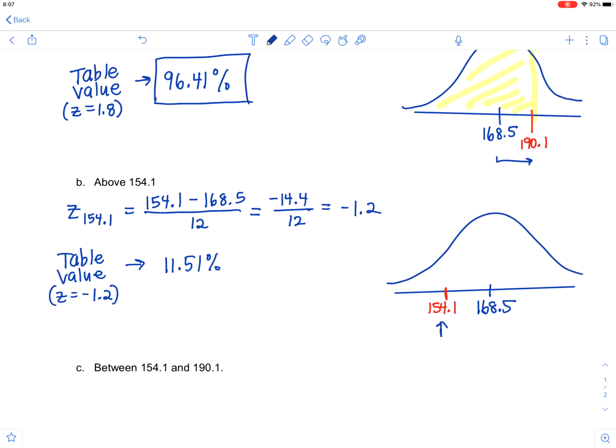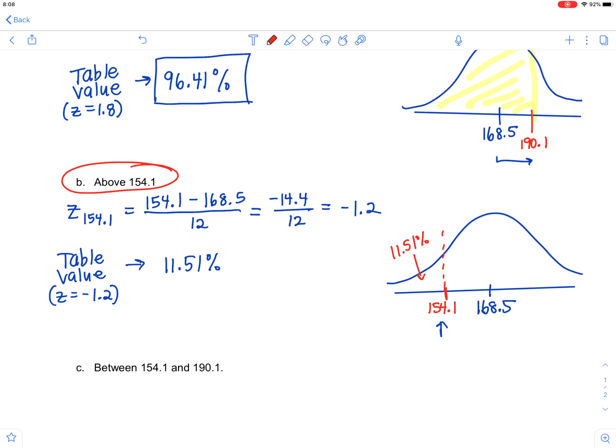Note what that is telling us. Again, it's always telling you below. So that number is telling me that 11.51% of the data is below that value. Notice we are asked in our question what percent is above that value.